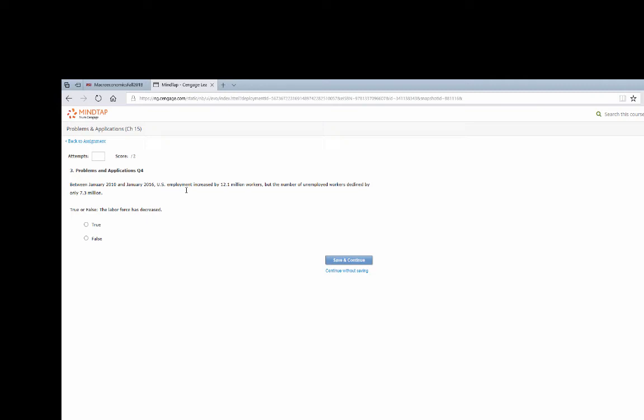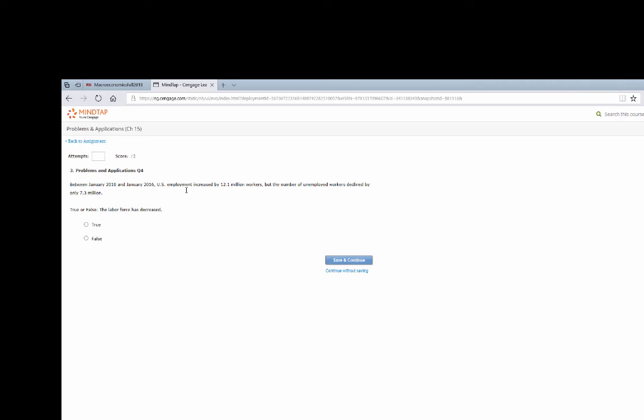So it's asking you, with employment going up by 12 million while unemployment went down by 7.3, what does it mean? And just as a reminder, your labor force is a combination of employed and unemployed added together. So if the labor force grew by 4.8 million workers, what is that going to do?